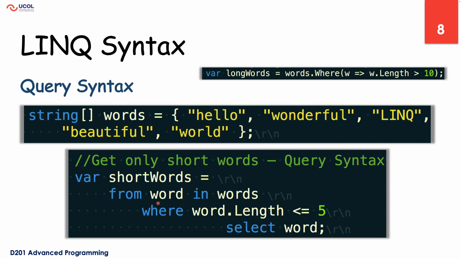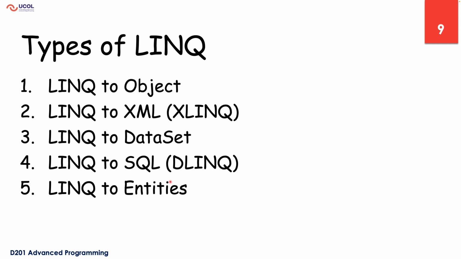So it is also a very well structured query syntax presented in the LINQ framework. From word in words, again word is going to be replaced with hello, wonderful, link, beautiful, world. Then it checks if the length is less than or equal to 5; if so, it will be returned in the short words, otherwise it will not.